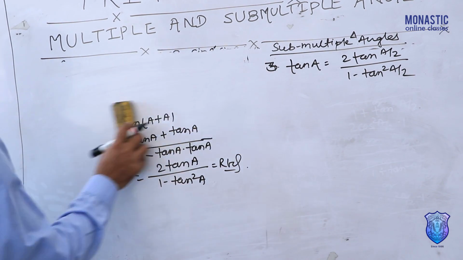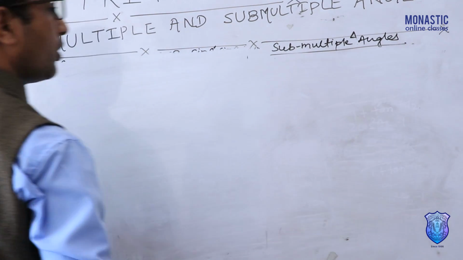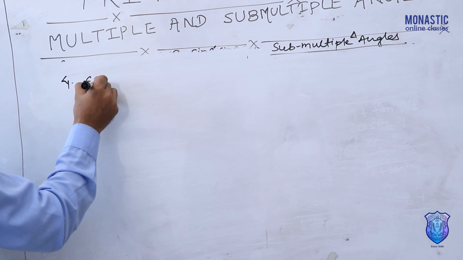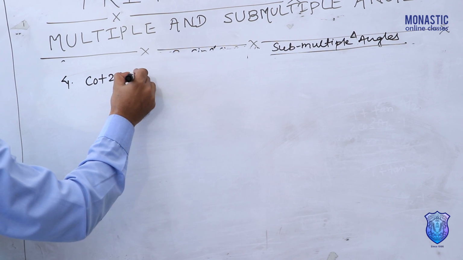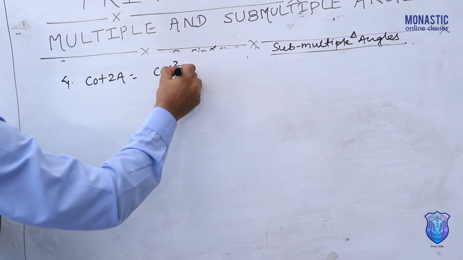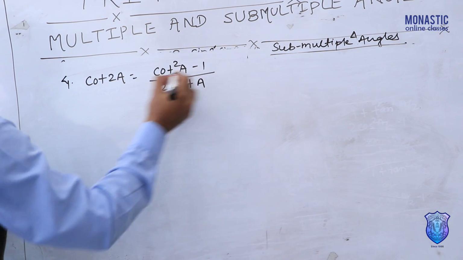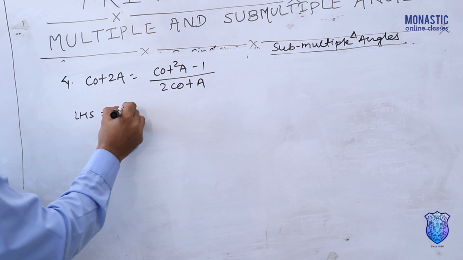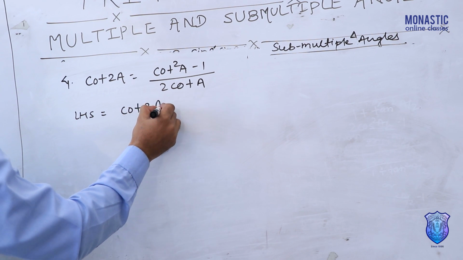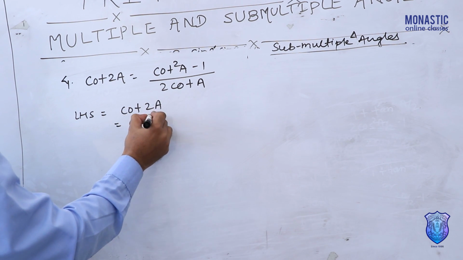Next formula we have is cot 2a. We have the formula (cot squared a minus 1) by 2 cot a. Exactly the same thing we will do as we have done in earlier formulas.